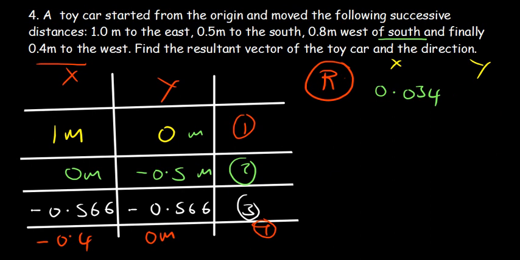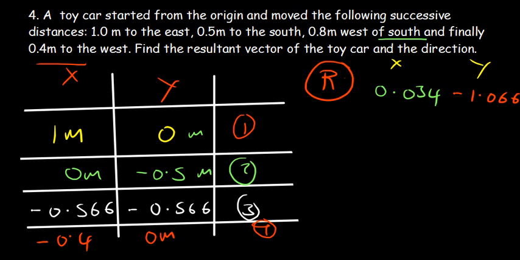So it was supposed to be negative 1.066 for our y. For the x, 1 minus 0.566 minus 0.4. Okay, so for the x it's okay.